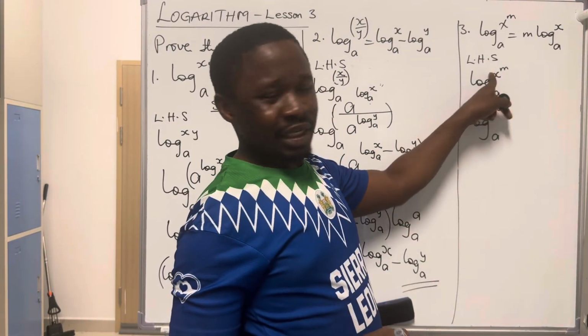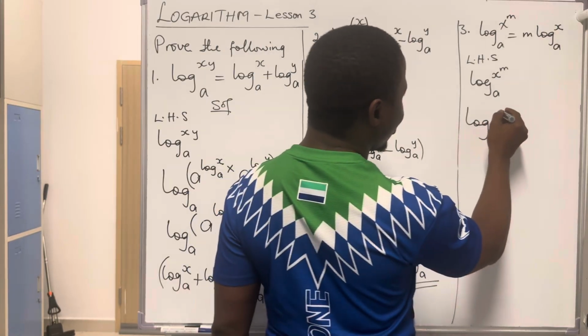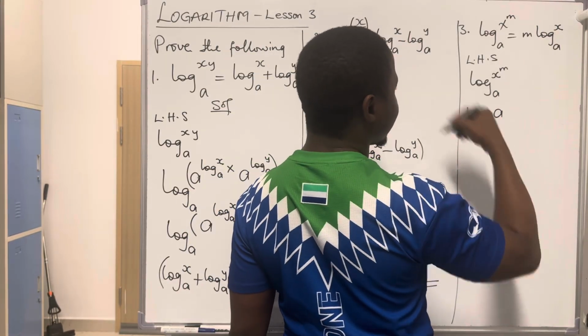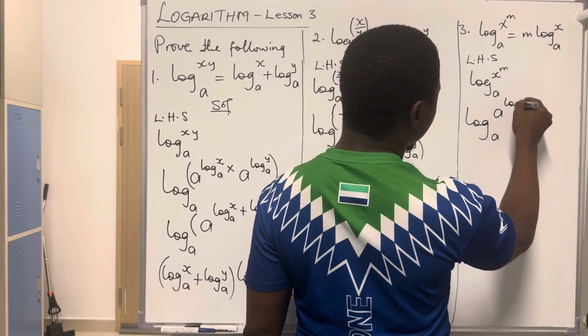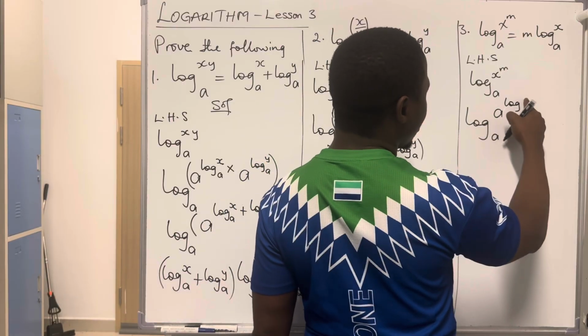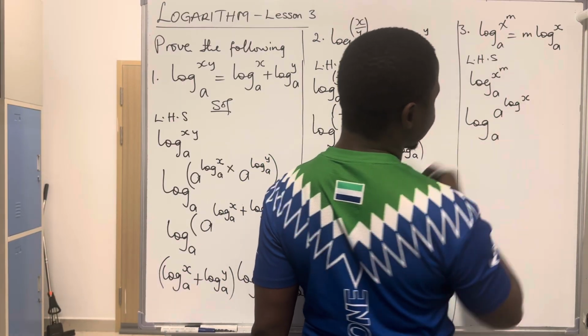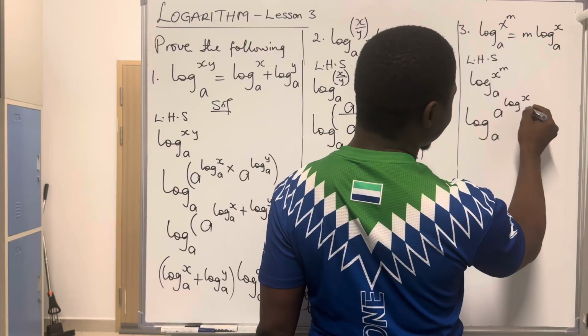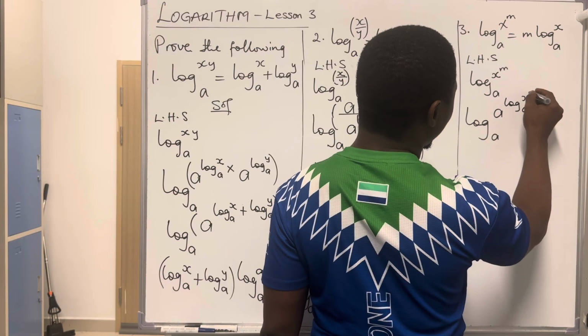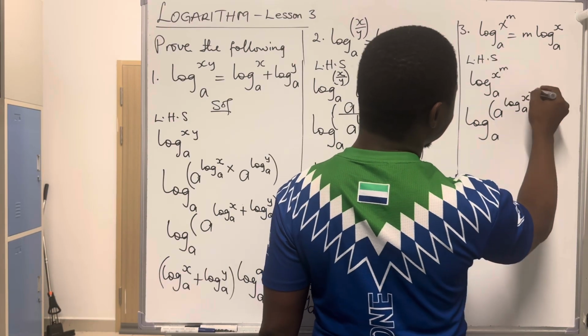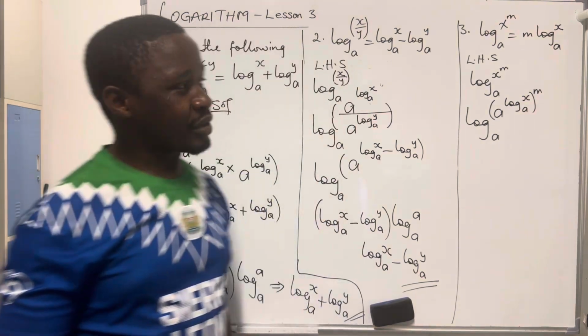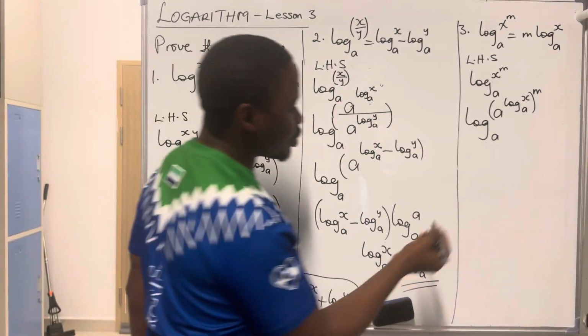What is x? X is when a number is raised to a log, and that log has a number which is already x, we maintain the same base, which is a. But do not forget that there is m. Now come to think of this.